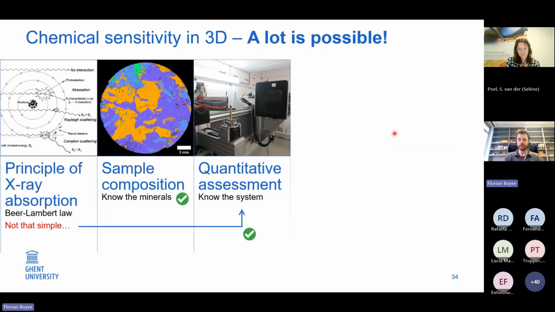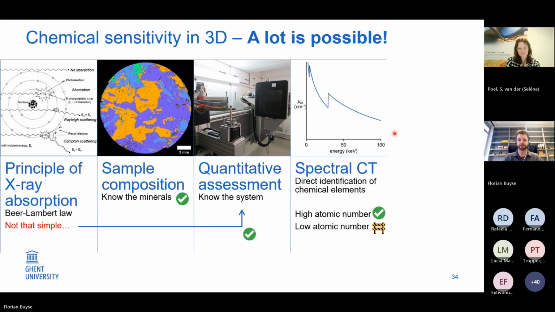Just as a summary, I started with explaining the principle of X-ray absorption, which is not that simple, although we know the minerals and know the system. But combined, we can actually use those to identify minerals already. A new thing that is of interest is using spectral CT, as this allows to directly identify chemical elements. For sure, for high atomic numbers and even for low atomic numbers, it's of interest to use this technique.